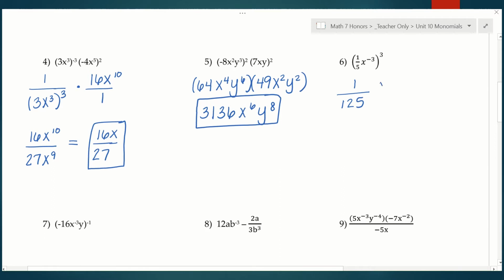And then I'm going to have x to the negative 9 because I multiply my exponents. So really my last step here is to put that x to the negative 9 to the denominator so that it becomes positive. So my final answer is 1 over 125 x to the 9th.